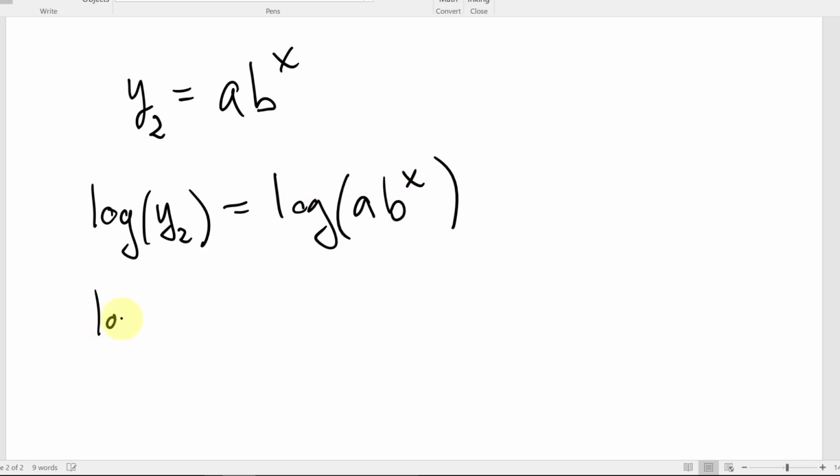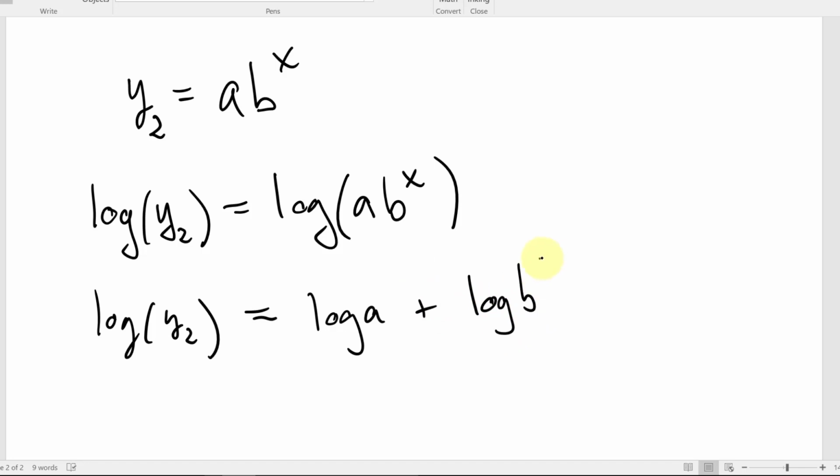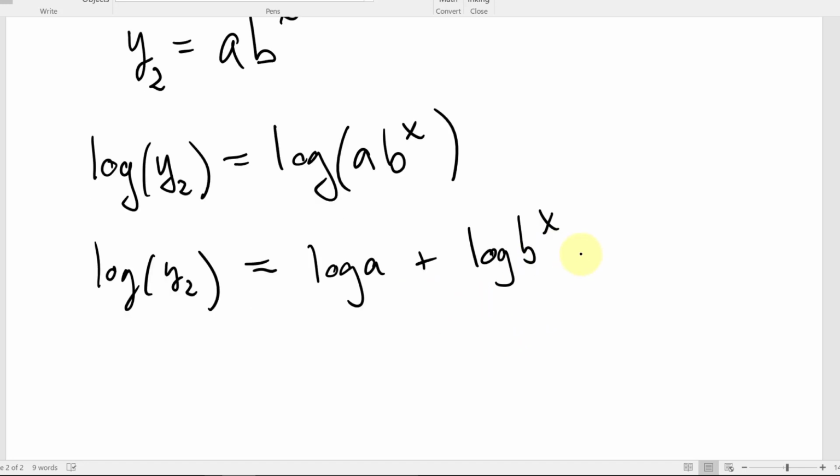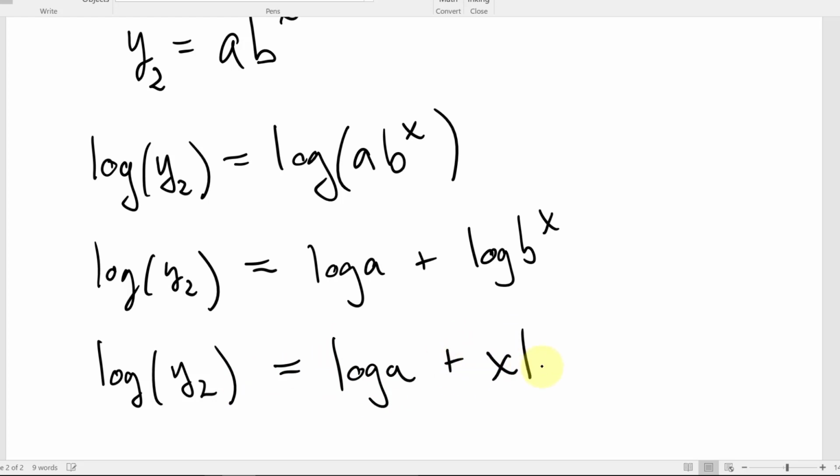So log of y2 equals, and the first property I'll use is that the log of a product, you can split that up. So we'll say log of a plus the log base 10 of b to the power x. And then it's another property of the logs that the x factor can go in front. So the log base 10 of y2 would be the log base 10 of a plus x times log base 10 of b.